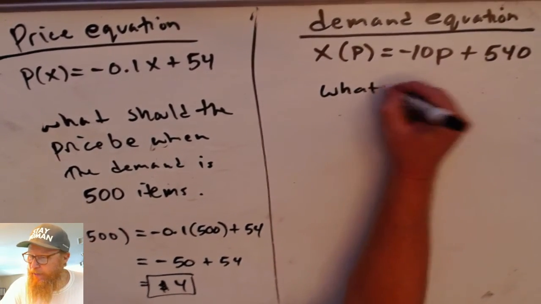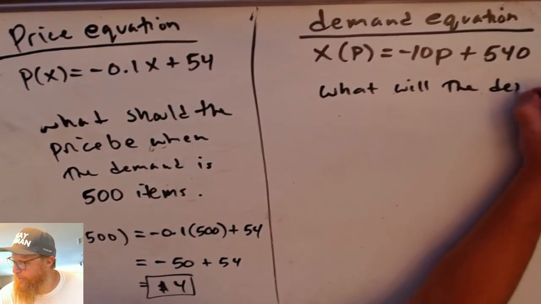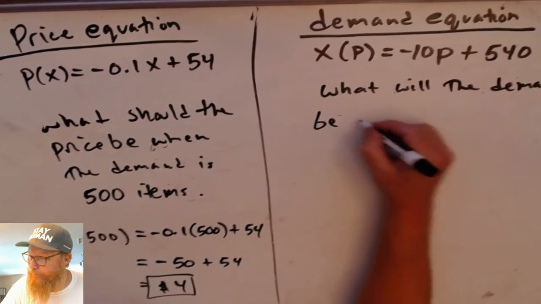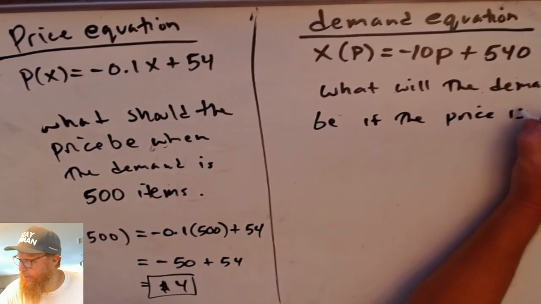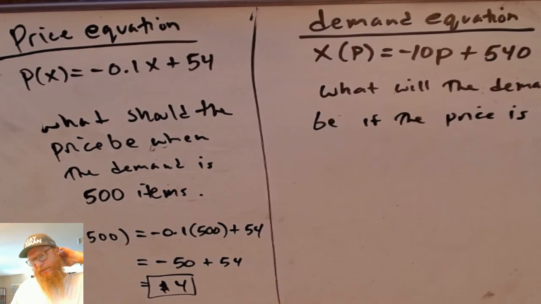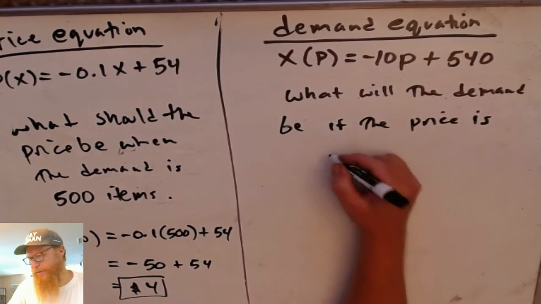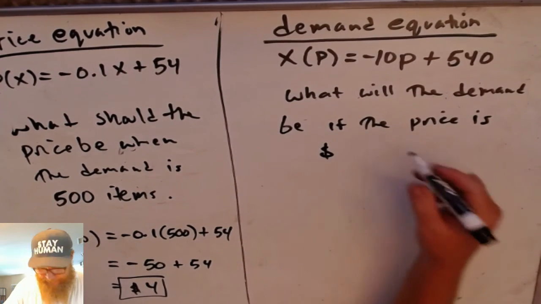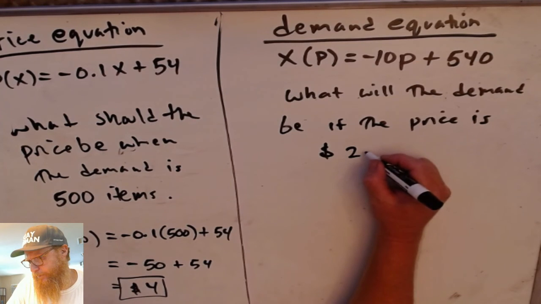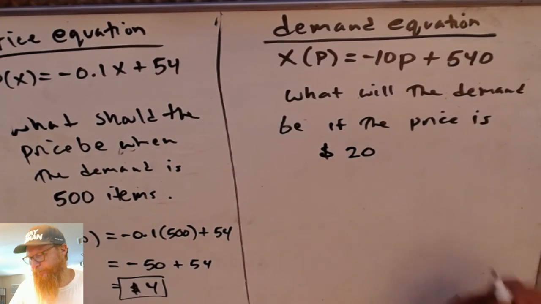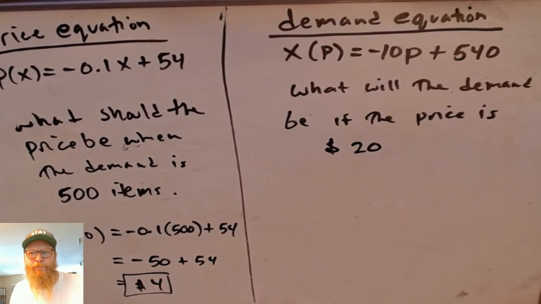The demand equation will give us the ability to predict the demand. What will the demand be if the price is, I don't know, how much should we make the price? I don't know, $20. What will the demand be?